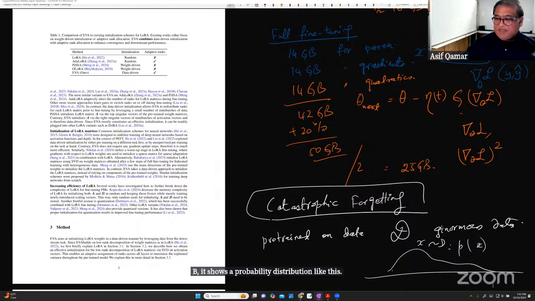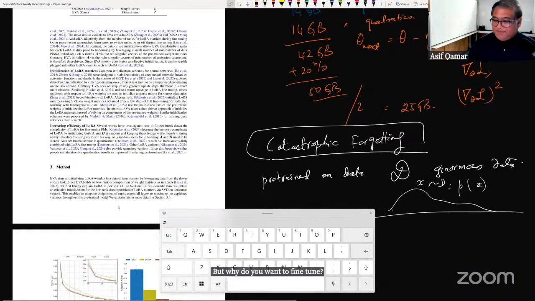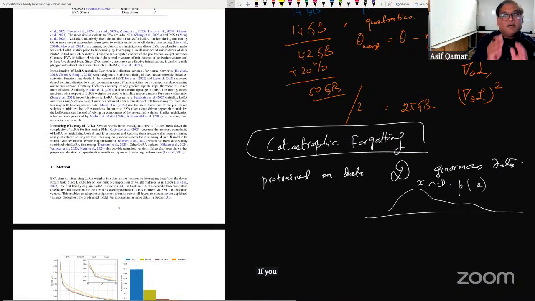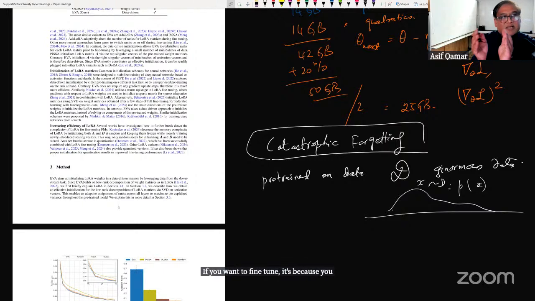But why do you want to fine tune? If you want to fine tune, it is because you're solving a problem that is slightly different. It's adjacent. For example, a normal language model, if you say a bear versus bull, might infer something to do with animals.